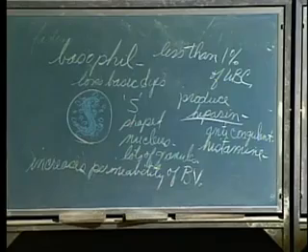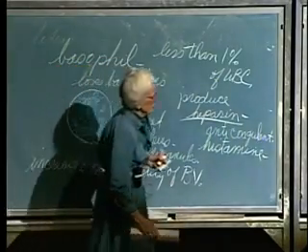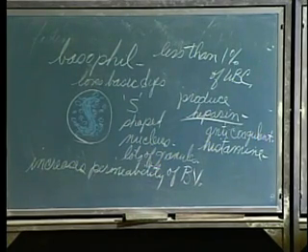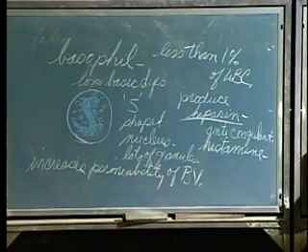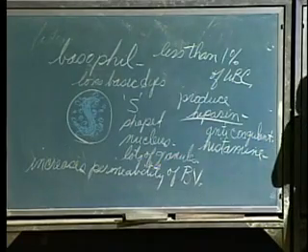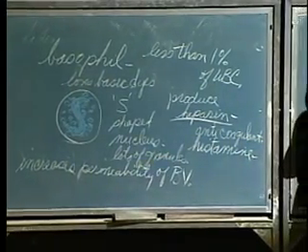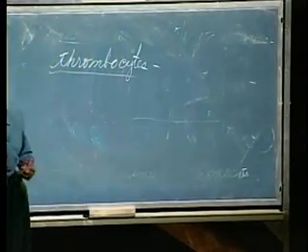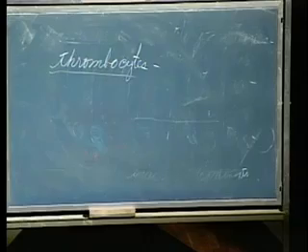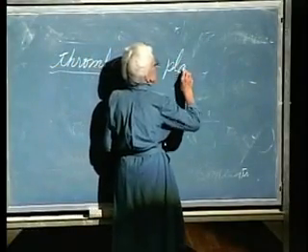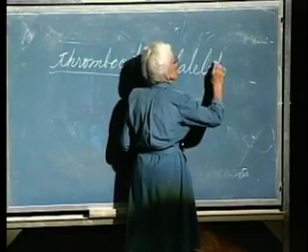Now we have another type of formed element in our plasma. What is it? Thrombocytes, right. Another name for thrombocytes? Platelets. Another name for platelets?